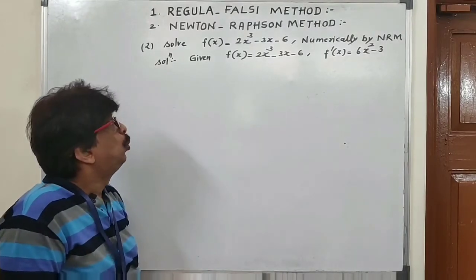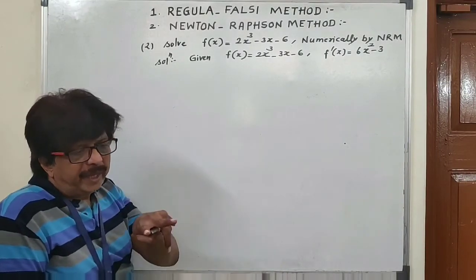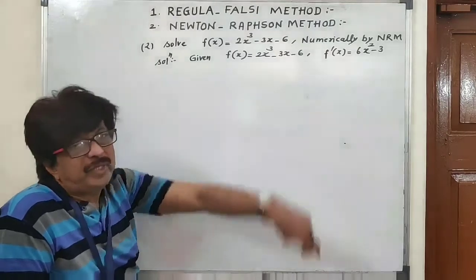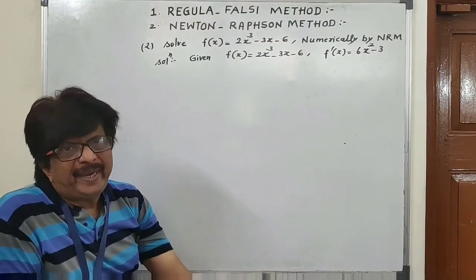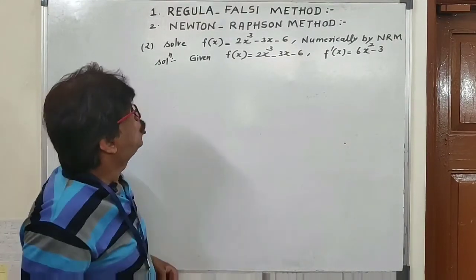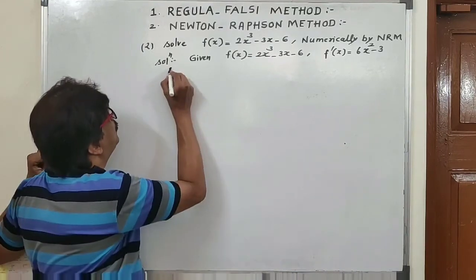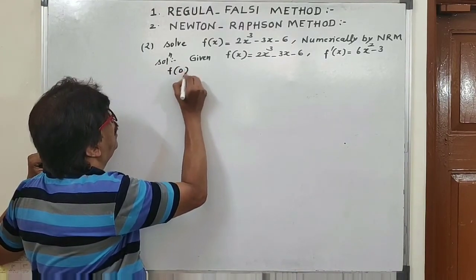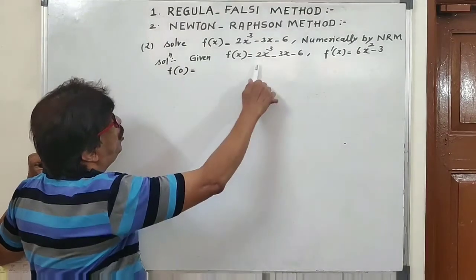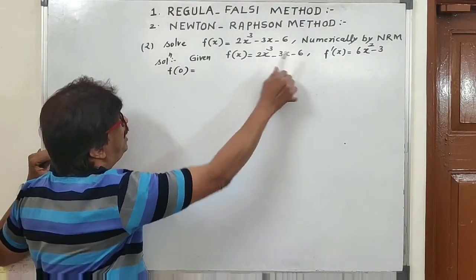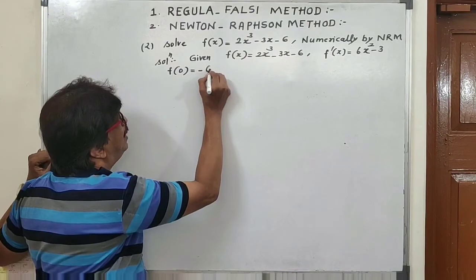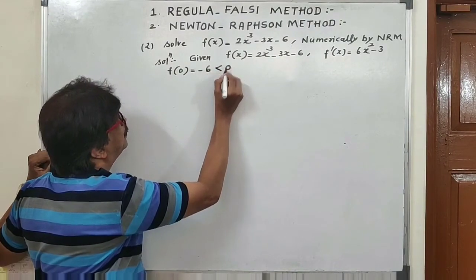Now, we shall track the interval in which the root of this algebraic equation lies. What is f(0)? It is −6, a negative number.